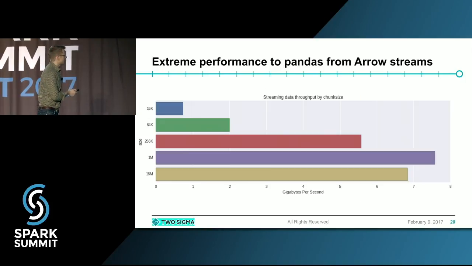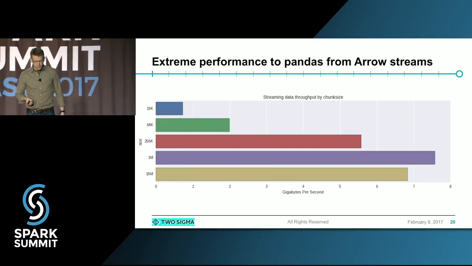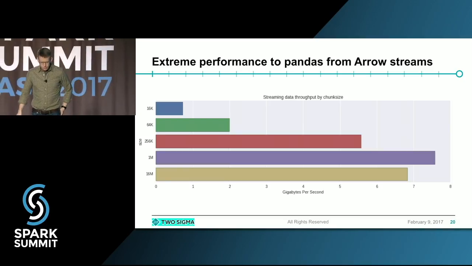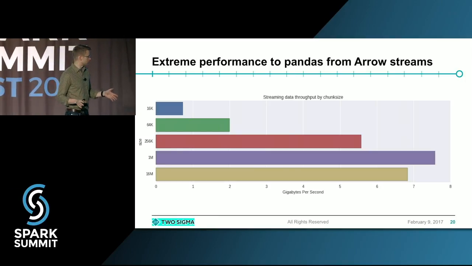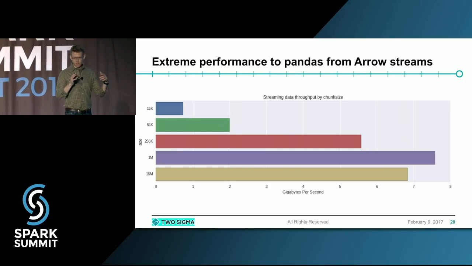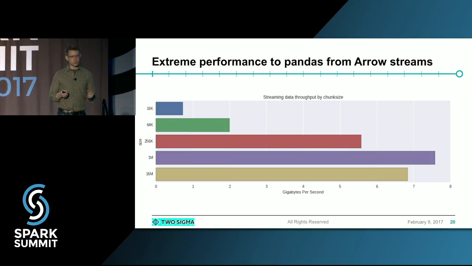So one of the exciting outcomes of the streaming format, and I did this analysis on my blog, is the benchmark that I did. I took a gigabyte of data in a pandas data frame and said, what happens if I break this into progressively smaller streaming chunks? Because one of the conflicts you run into with columnar data is that a lot of data is stored in row-oriented, record-oriented format.